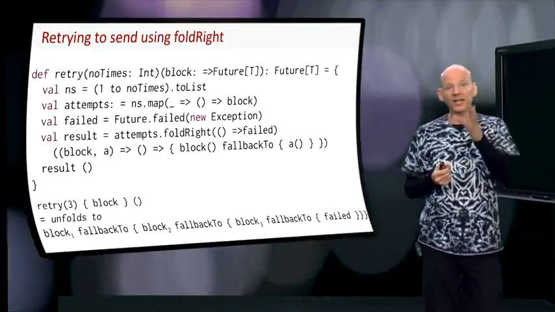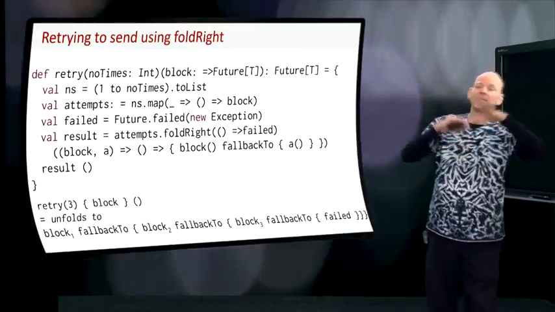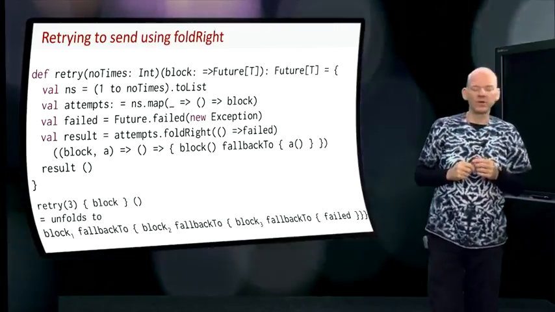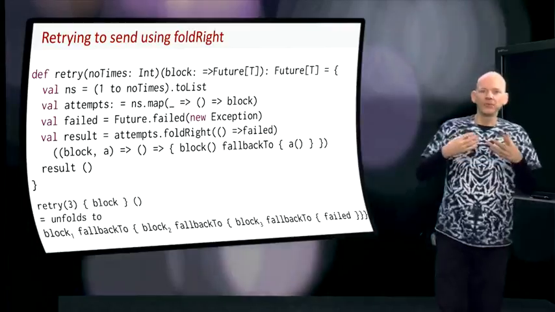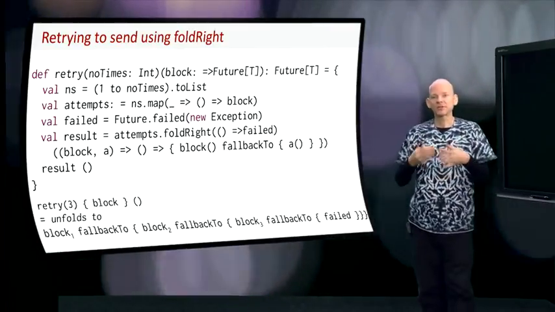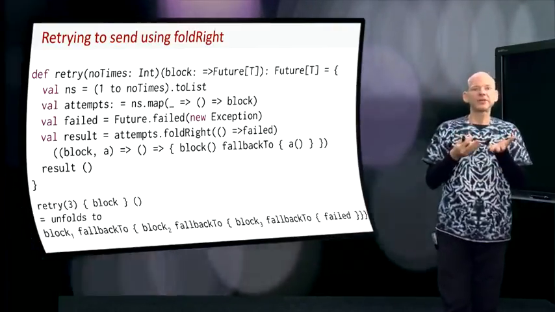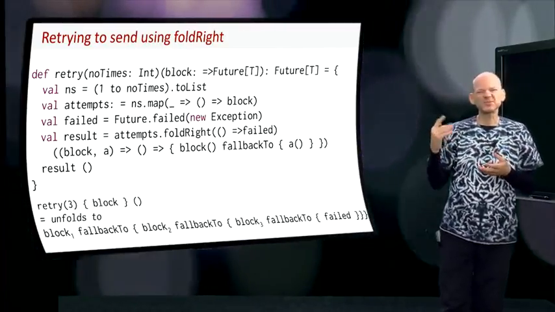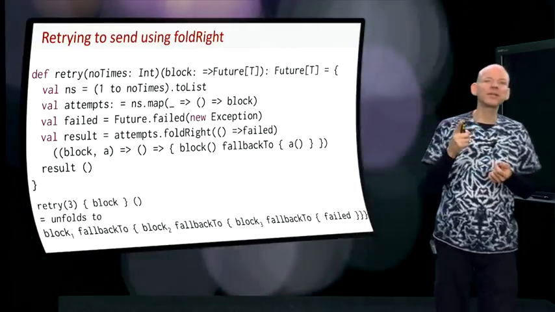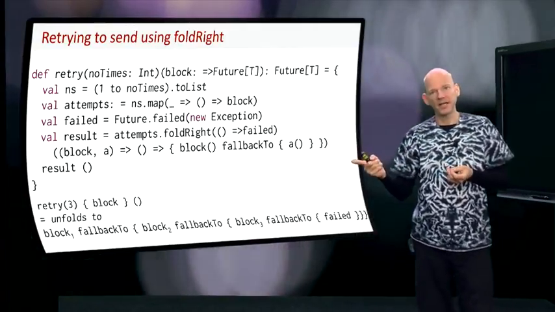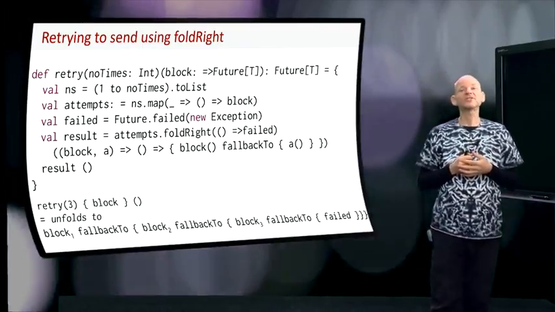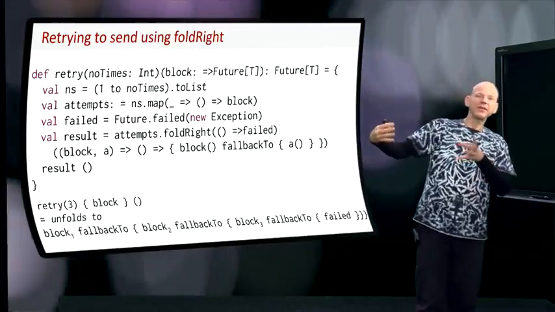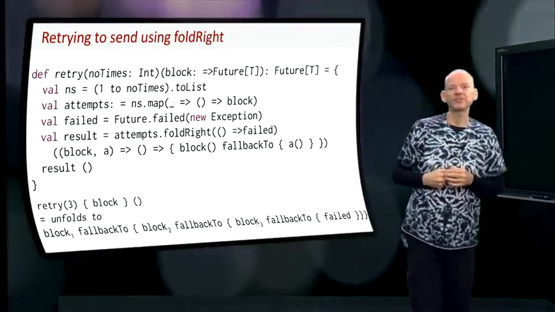Now let's try to do it with fold right. There are even more higher order functions. Again, we create a list from 1 to n, and we map the delayed block over that. We create a failure, but now we're folding from the right, and we're not really starting with failed. We're starting with a function that is delayed failed, because we have to turn this from the other side.